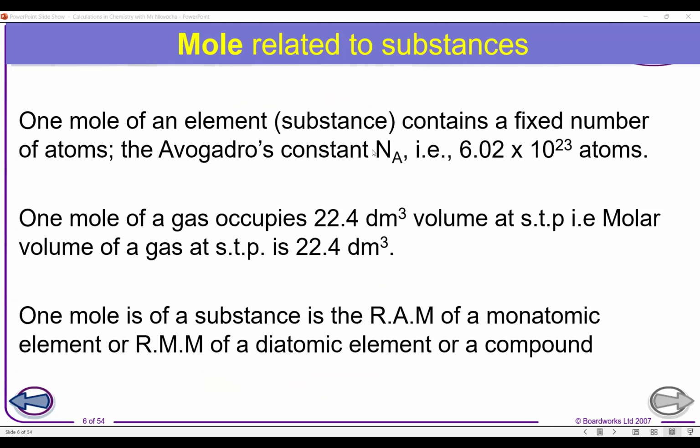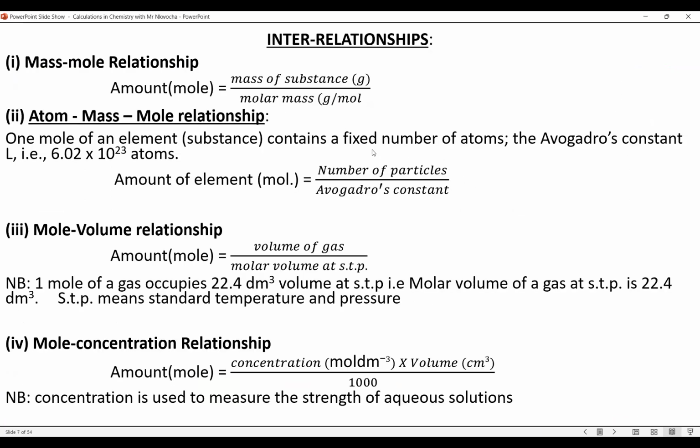In fact, if it is in Y and you express your calculation in terms of mole, you have actually solved that question. So here is just a summary of different ways you can relate mole. For UTME questions that has to do with stoichiometry, these are all the formulas that you're going to need to solve it.